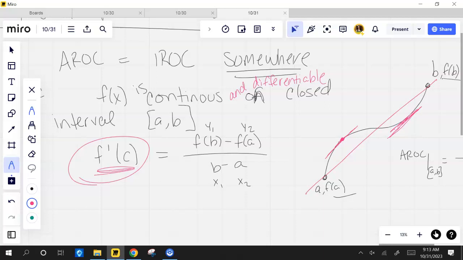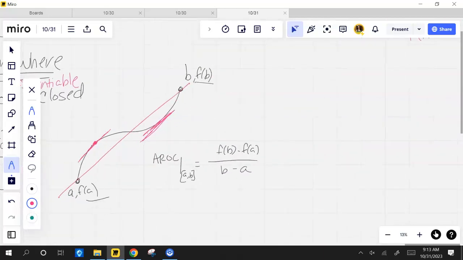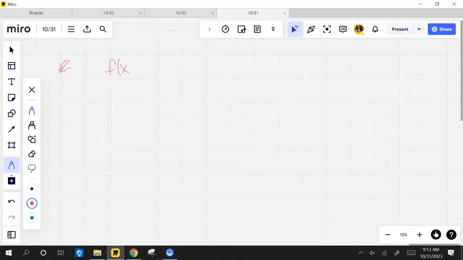No corners, cusps, vertical tangents. If it's a piecewise, the derivative from the left is the same as the derivative from the right.